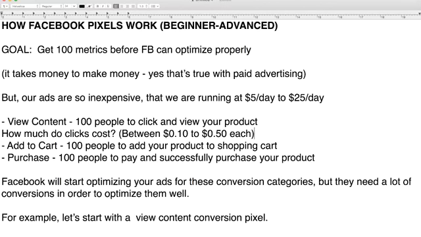This view content one is a little tough, and this is why most people don't do it and don't teach it, because nobody really has money to throw around. So if you're trying to get 100 clicks and you're paying 10 cents each, that's going to be $10. So that would be between $10 to $50 to get 100 clicks at 10 to 50 cents each.